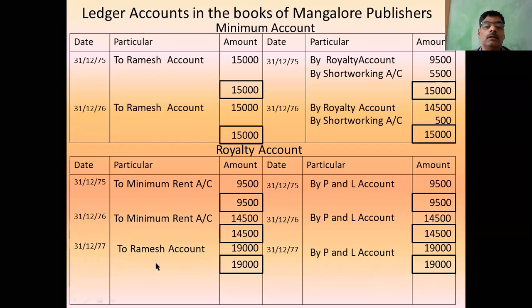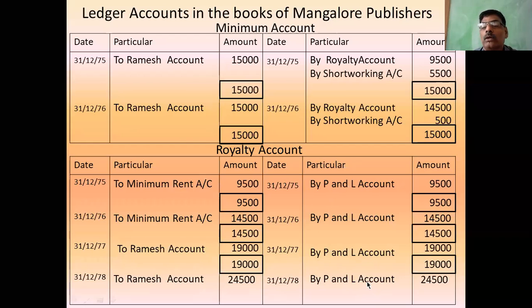Third year completed. And fourth year to Ramesh account 24,500 royalty, by P&L account 24,500 royalty. Total 24,500. This is the sequence. In the original method, always we write to Ramesh, 4 times to Ramesh.